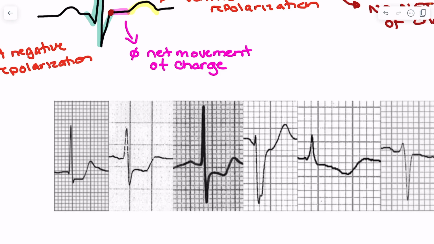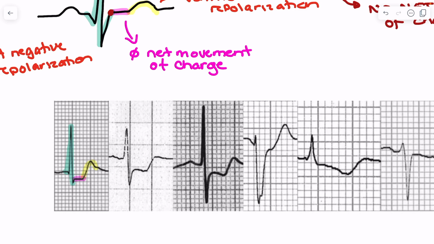So what I'm going to do here is in pink, we're going to just look at the positive and negative deflection. So here we can see that the QRS complex is positively and negatively deflecting from our baseline. We can see those happening here. We have a period of rest, which we can identify, and then we have our T wave.